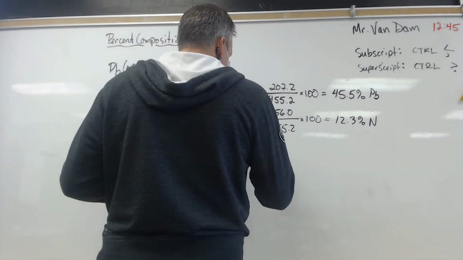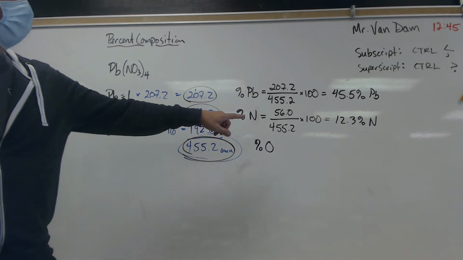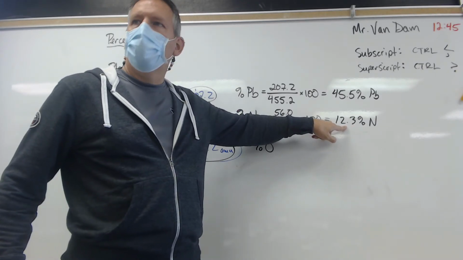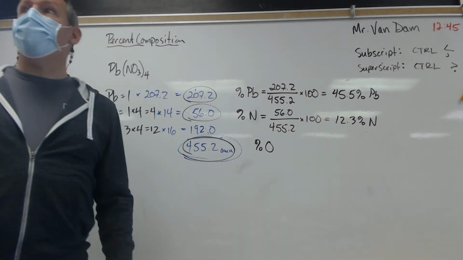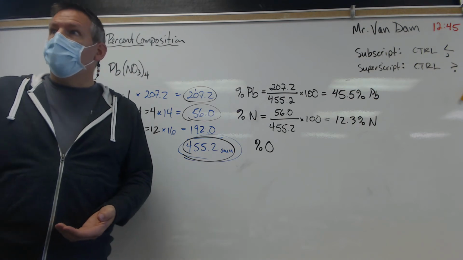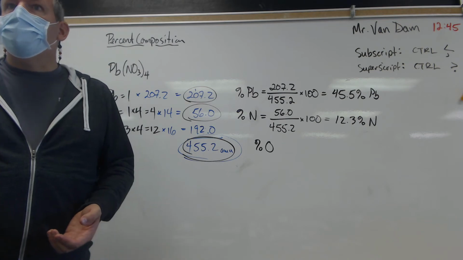And then finally, percent oxygen. Before I do that though, do I even need to do the math for oxygen? What have I got so far? 45.5 and 12.3. Add and subtract, right? Subtract from what? 100, because by definition, percent literally means out of 100. Cent is Latin for 100. Think about centi, 100.